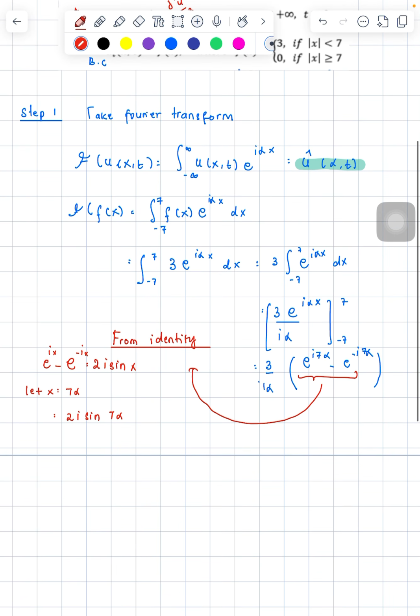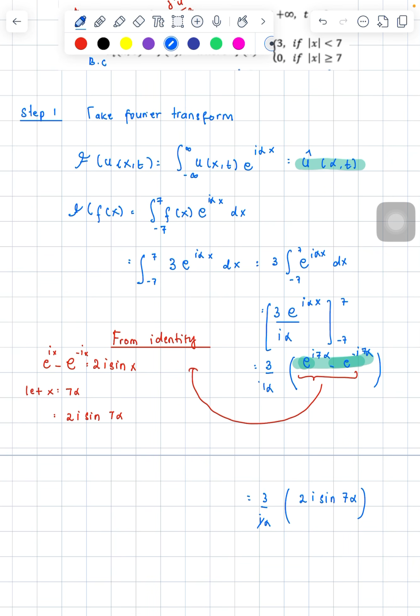So we can change this term into 2i sin 7 alpha. So it equals 3 over i alpha times 2i sin 7 alpha.